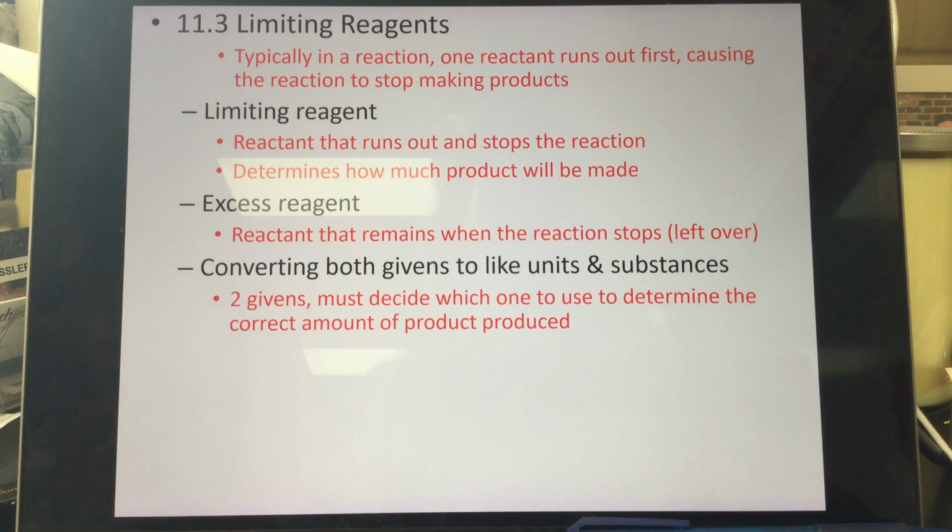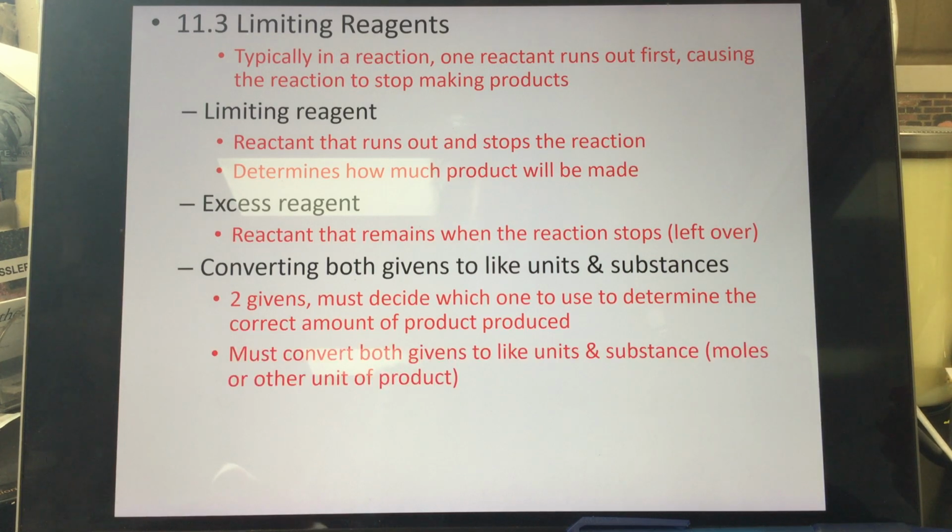So again, you're going to have two givens, and you have to decide which one to use to determine the correct amount of product. That's the one that's going to make the least amount of product. And so again, you have to convert both givens to not only like units, but like substances. You can just convert each given to moles of one substance.